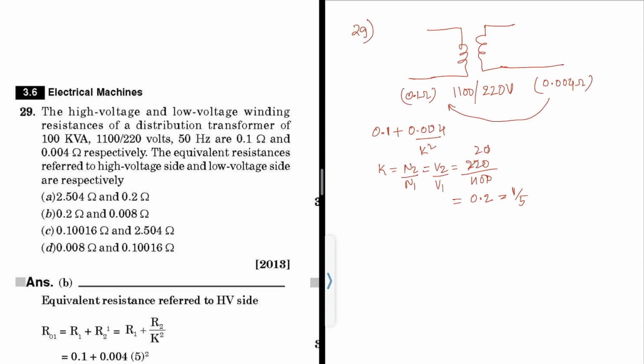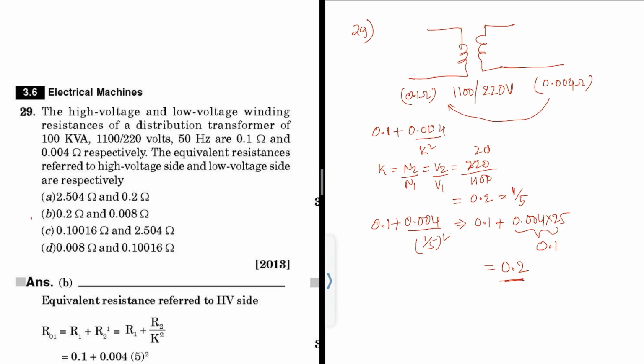So 0.1 plus 0.004 by (1 by 5) square, which is 25. So 0.1 plus 0.004 into 25, which is 0.1. So when it is referred to high voltage side, the answer will be 0.2.